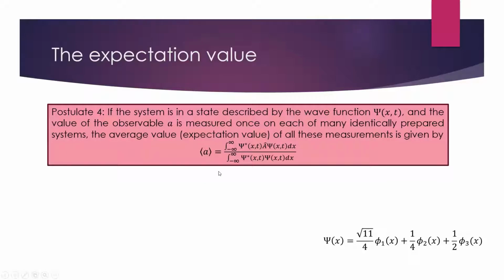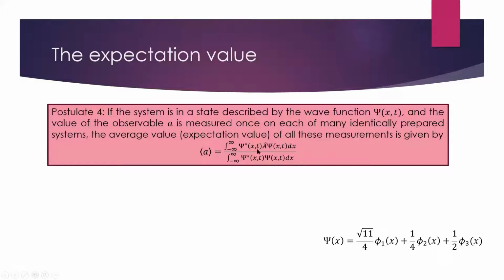This expression looks nasty, but for most cases our wave function is actually going to be normalized. Typically in quantum mechanics, the wave functions we'll encounter come normalized. Remember, if a wave function is normalized, that means that if we integrate the square of the magnitude of that wave function over all space, we get 1, because we have 100% chance to find the particle.